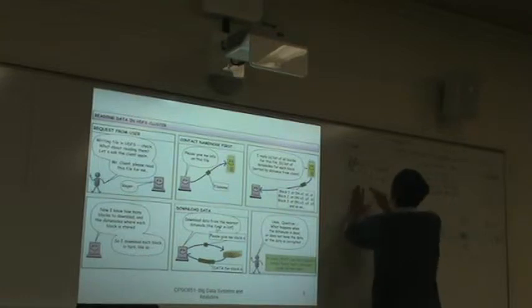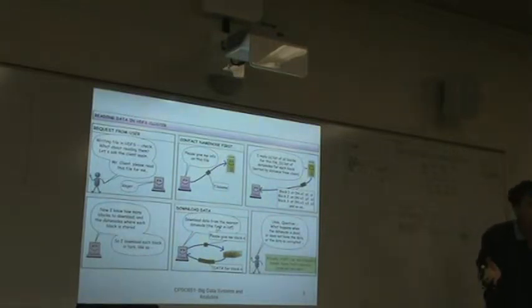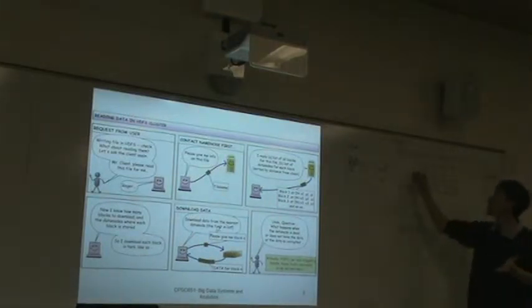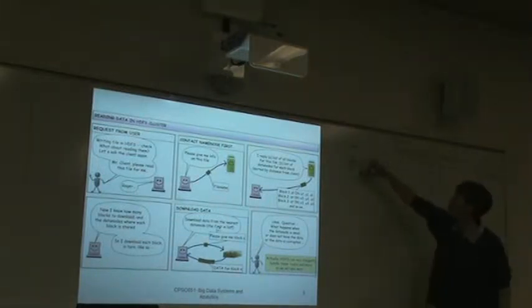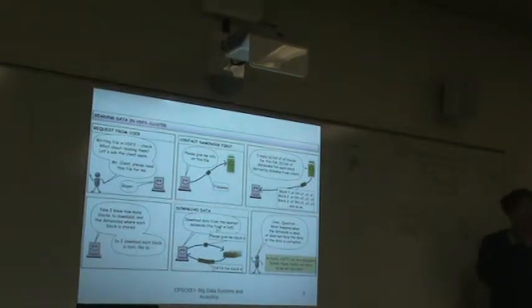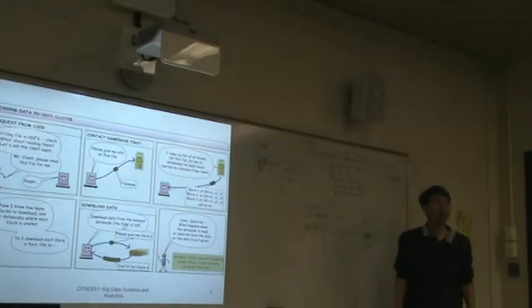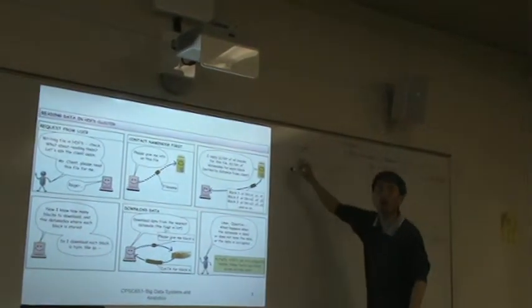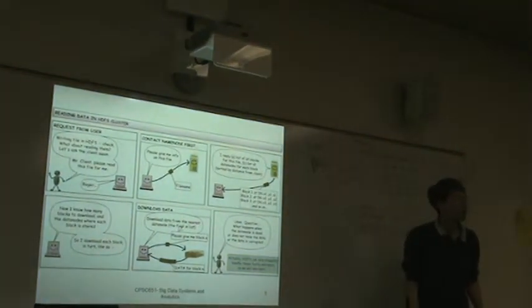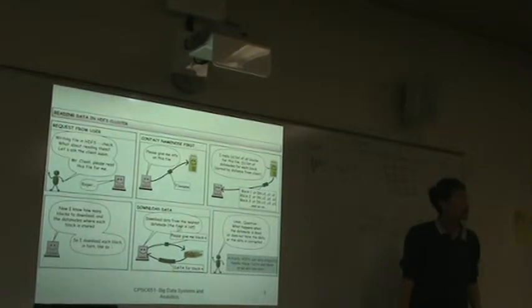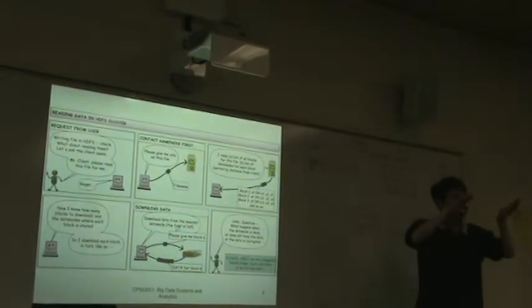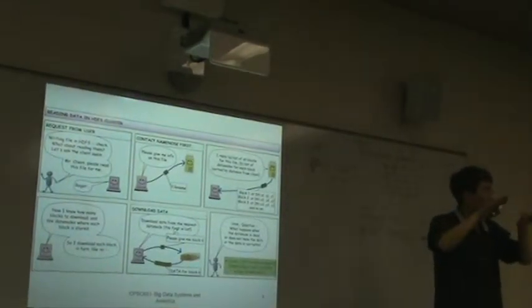At that time, the client does not know what's going on inside the HDFS, so you need to request to the name node: I try to read the file. Also, you can download the file to the client, because they are using different file systems.